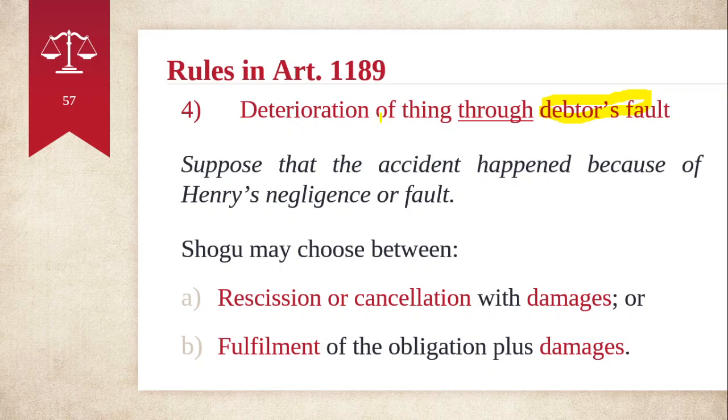Okay? Choose between, ha? Hindi pwedeng dalawa. Hindi pwedeng manghingi siya ng 100,000 tapos hihingi niya din yung car, tapos hihingi pa siya ng damages. Hindi. It's either rescission, okay, or fulfillment plus damages in both remedies. Okay? Bakit siya nagkaroon ng ganitong remedies? Kasi may kapabayaan na nangyari on the part of the debtor.